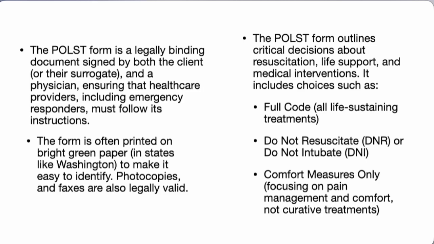It includes choices such as full code, all life-sustaining treatments, do not resuscitate, DNR, or do not intubate, DNI, comfort measures only, focusing on pain management and comfort, not curative treatments.